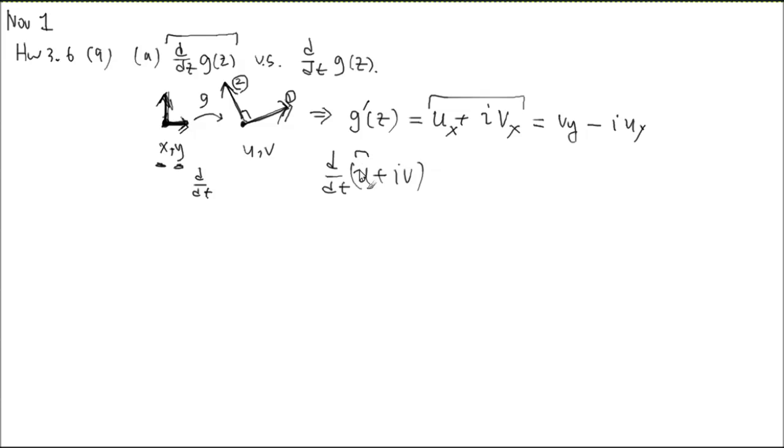The derivative of u is done with respect to t, and the derivative of v with respect to t is done separately and written separately. So this is exactly d/dt u plus i d/dt v. That's just the meaning of this definition. Just like vectors: u is the x component of a vector, v is the y component of the same vector.